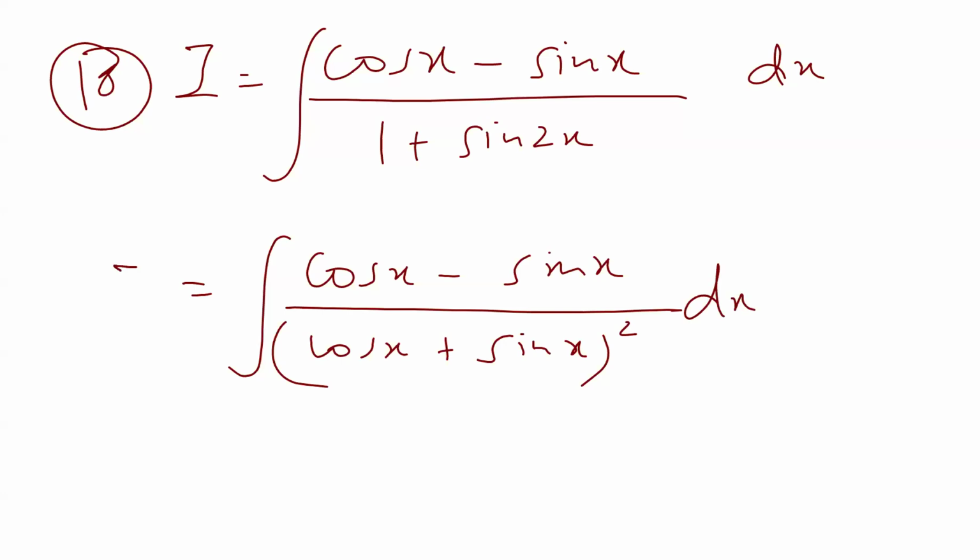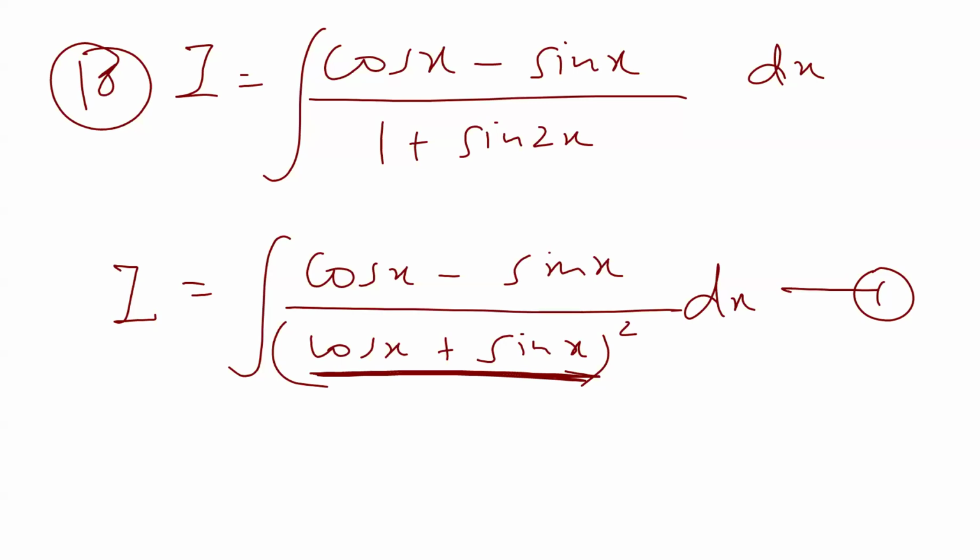If there is no square in the denominator, then this will be f dash x upon f of x. Derivative of cos is minus sin is cos. But then the square creates a lot of problem over here. So we'll take this term within the bracket as t. Put cos x plus sin x as t because its derivative is present in the problem. If it is not square, then we can use f dash x upon f of x property as well.